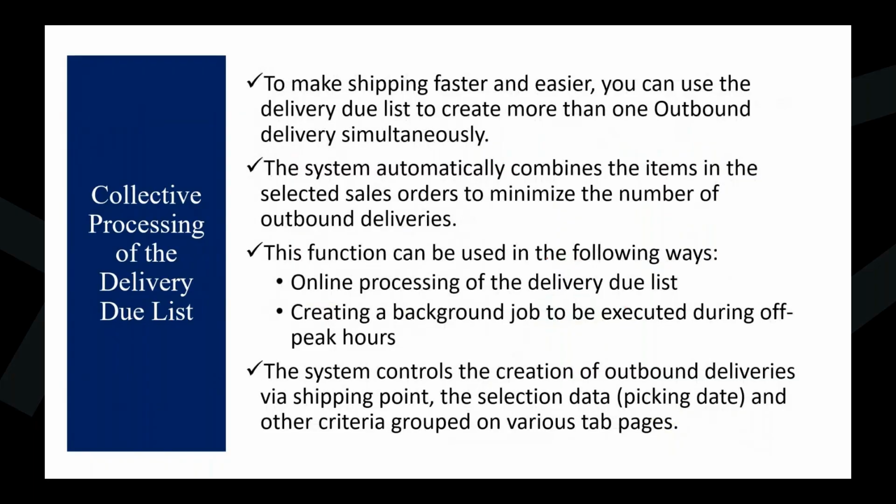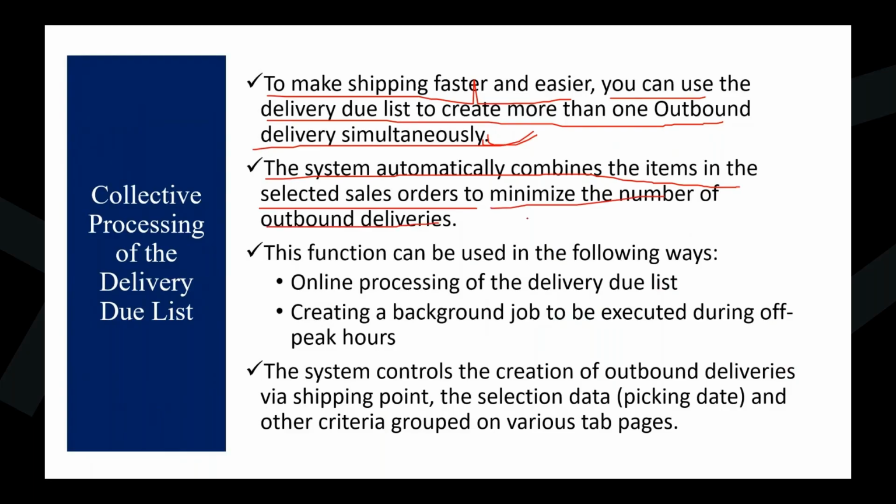Okay, before that, to make shipping faster and easier, you can use the delivery due list to create more than one outbound delivery simultaneously. So multiple outbound deliveries you will create. Also, the system automatically combines the items in the selected sales orders to minimize the number of outbound deliveries.